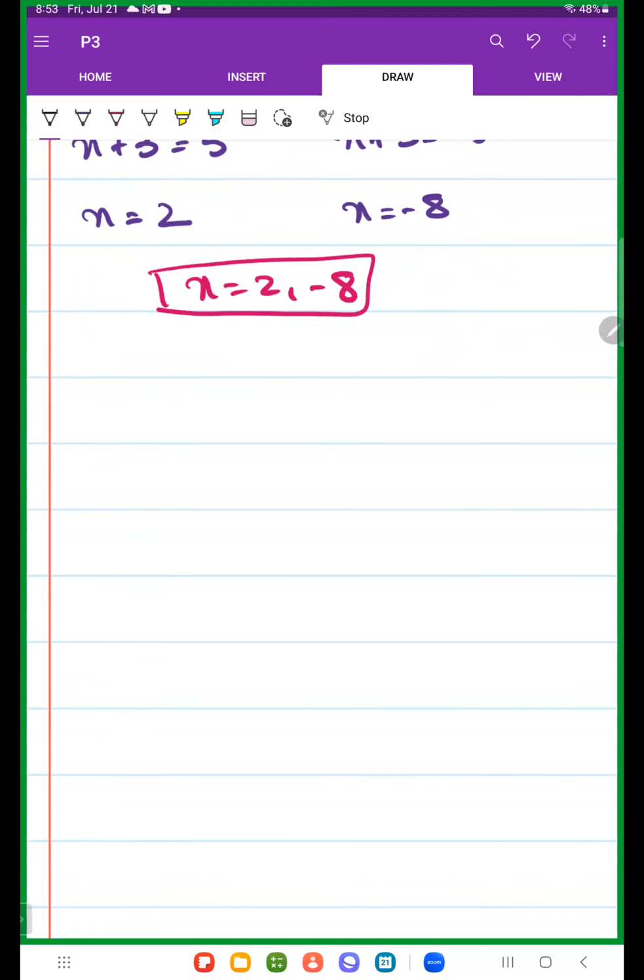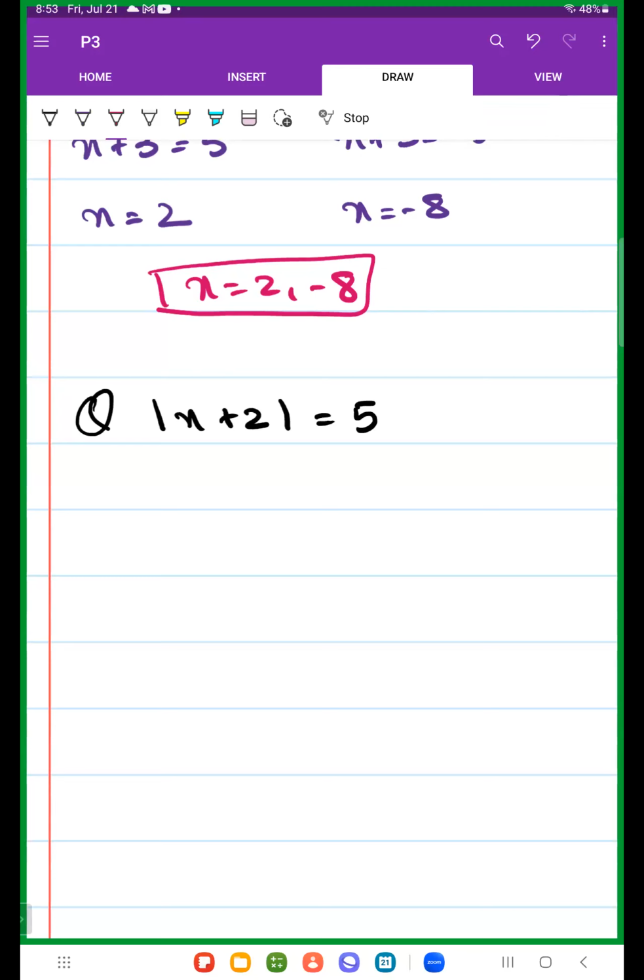So it's saying |x + 2| = 5. So x is 3 and minus 7.